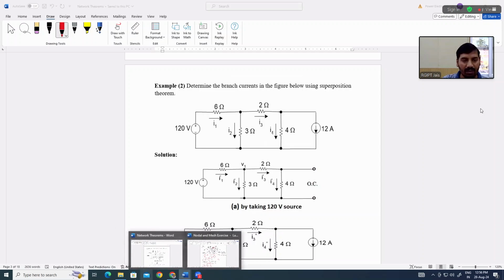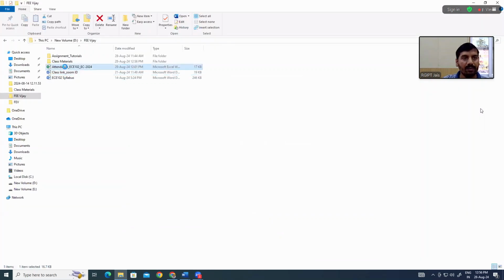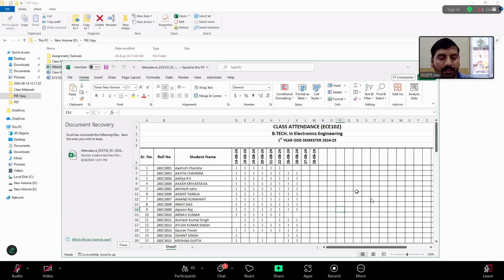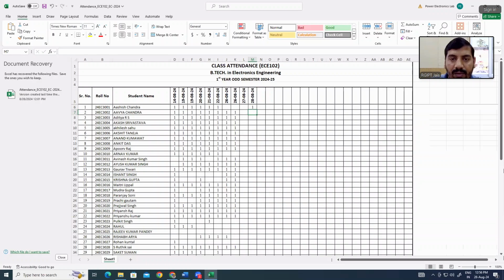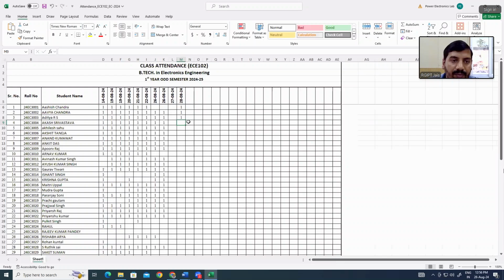Okay, so now I will take your attendance. Ashish Chandra, Avya, Present, sir. Aditya, Present, sir. Akash Srivastav, Present, sir. Akhilesh Sahu, Akshit Taneja, Present, sir.